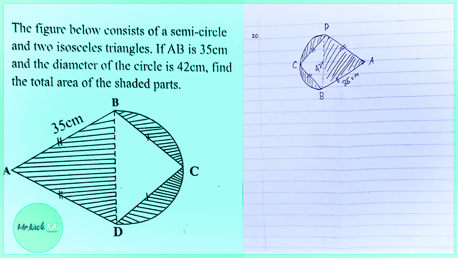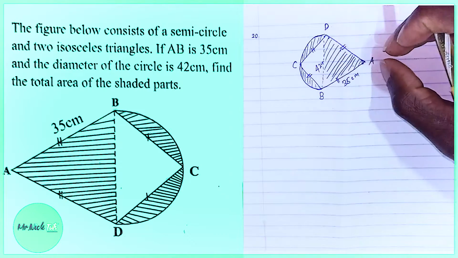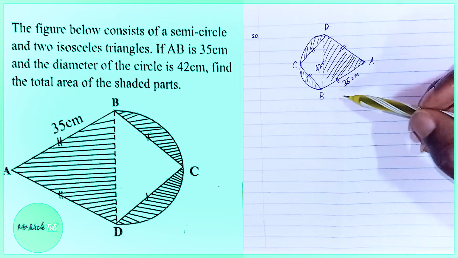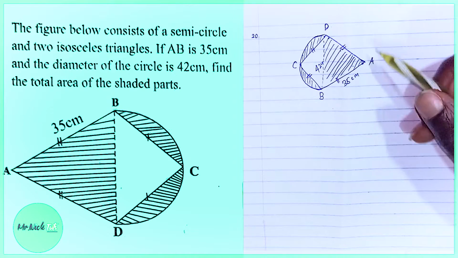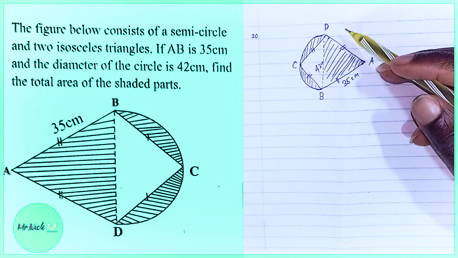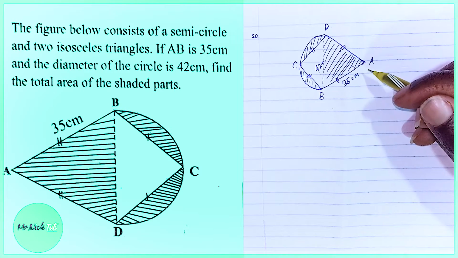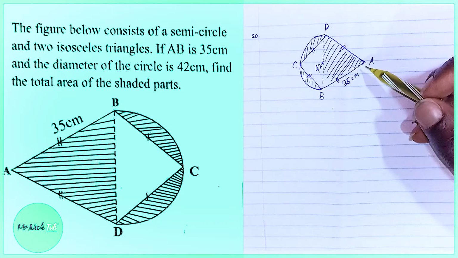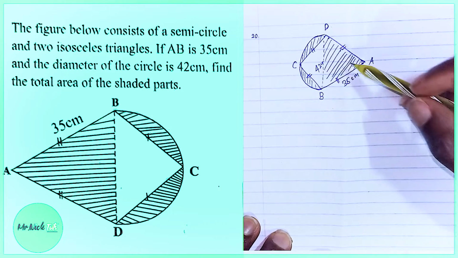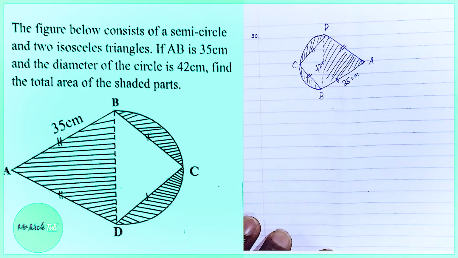Now we have the inner part of the semicircle shaded, and the triangle ABD is actually shaded. And remember, BCD is unshaded. And the question is asking us to find the area of the shaded region. That would be this triangle right here and these other sides of the semicircle.